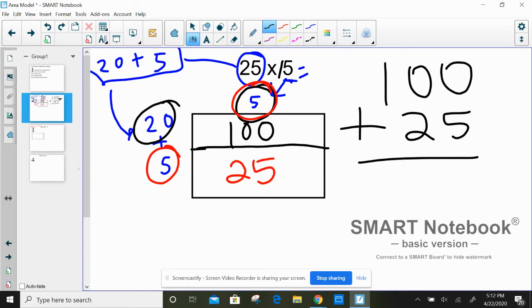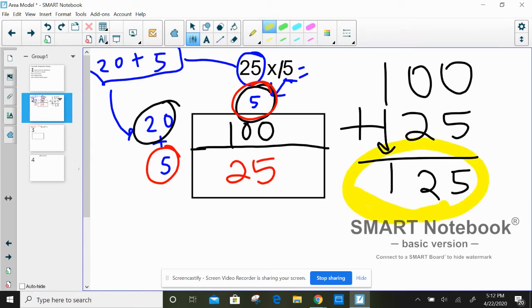So 5 plus 0 is 5, 2 plus 0 is 2, and then the 1 just carries down. So that means that the product, the answer to the equation 25 times 5 is 125. Okay? All right.